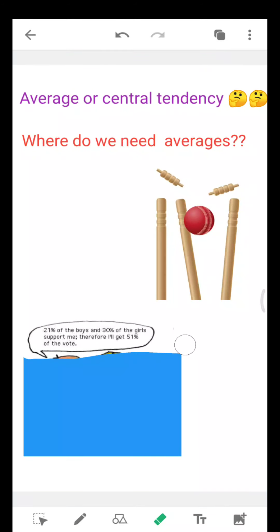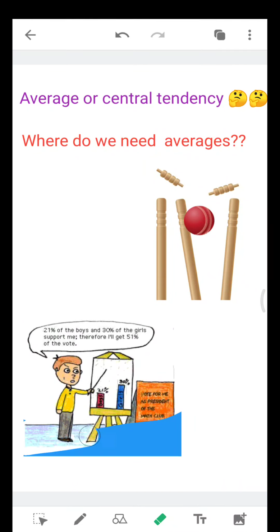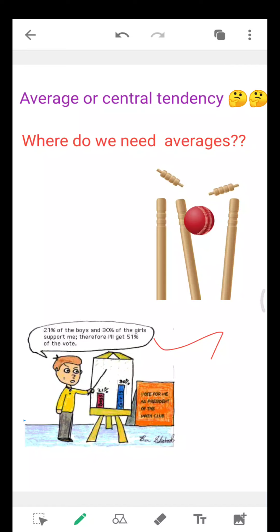Here you can see averages are used during elections to select a school captain. 21% of the boys and 30% of girls support me, he's telling. Therefore I'll get 51% of the votes. These are his expectations. So by using averages we can make predictions about the future.